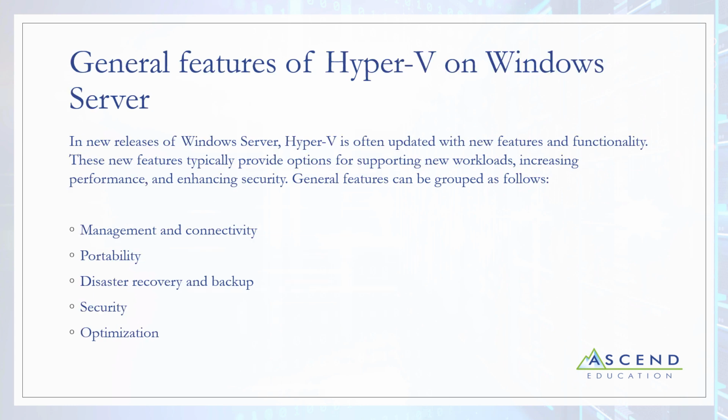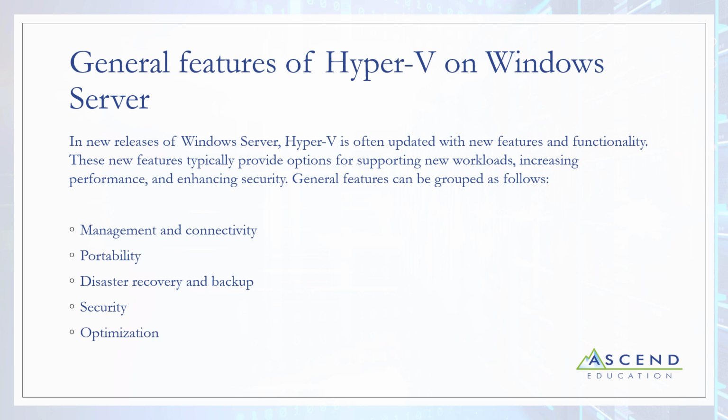There are lots of different features when you set up Hyper-V on a Windows server. You can also set up Hyper-V on a Windows client, but you don't get the same amount of features that go along with it. On a server, you get management connectivity, which is pretty standard on both client and server. Portability: you can basically move your virtual machines from one location to another. Disaster recovery and backup: when you run the Windows Server Backup program, you can automatically back up all the virtual machines on that server.